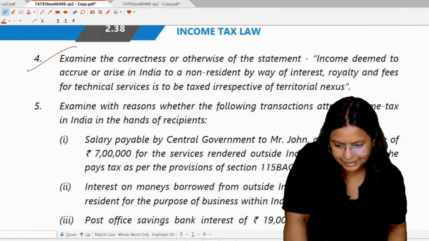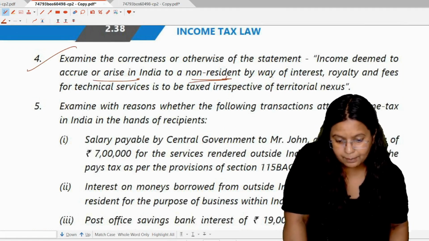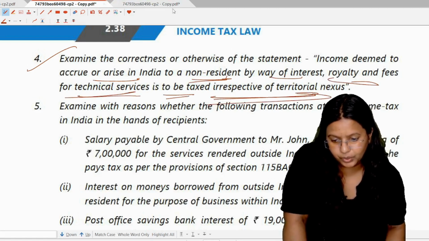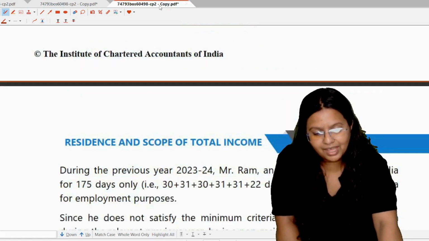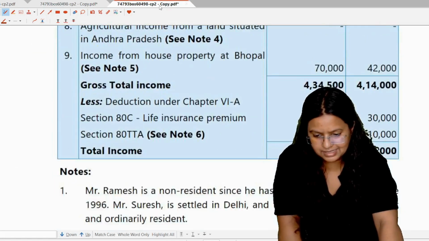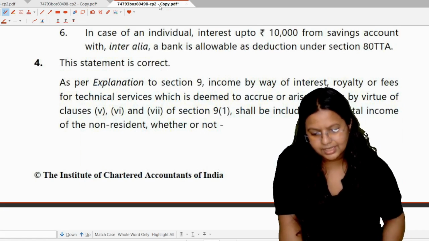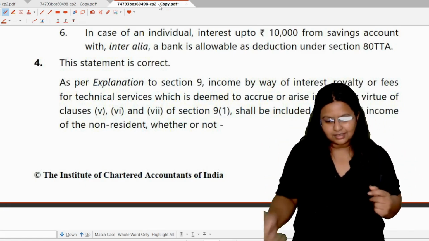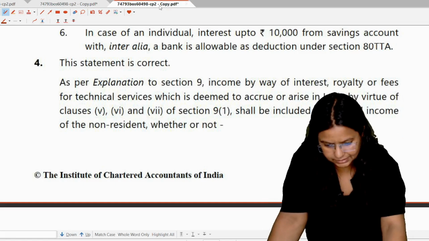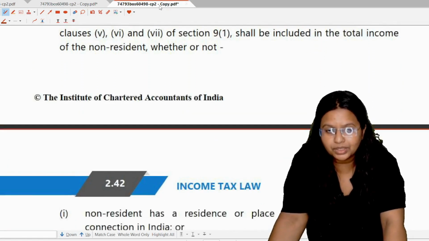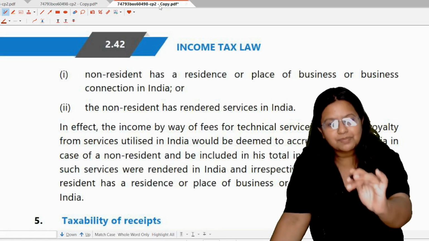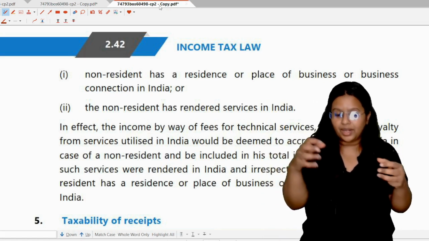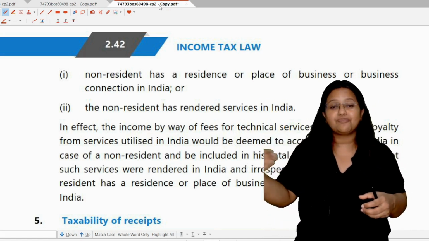Question number 4. Income deemed to accrue or arise in India to a non-resident by way of interest, royalty, and fee for technical services is to be taxed irrespective of territorial nexus. Now, students, remember, we have covered section number 9 in our classes, section 9, subsection 1, clauses 5, 6, 7, about the royalty, interest, and fee for technical services, and we have covered that it will be included in the total income of a person, irrespective of whether that person has a place of residence, a place of business, or any kind of business connection in India.